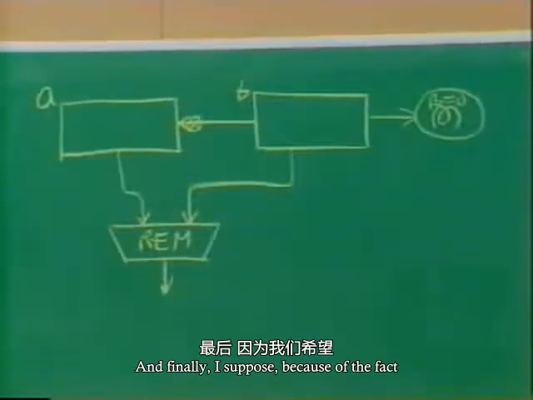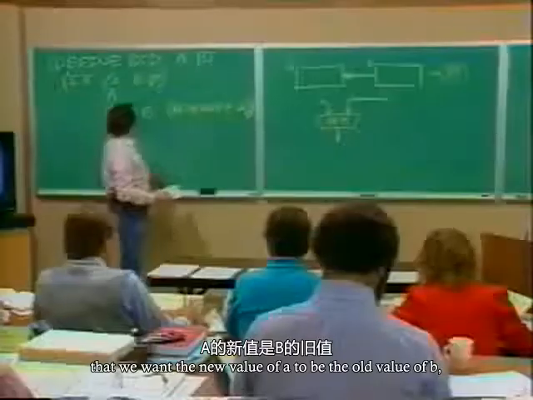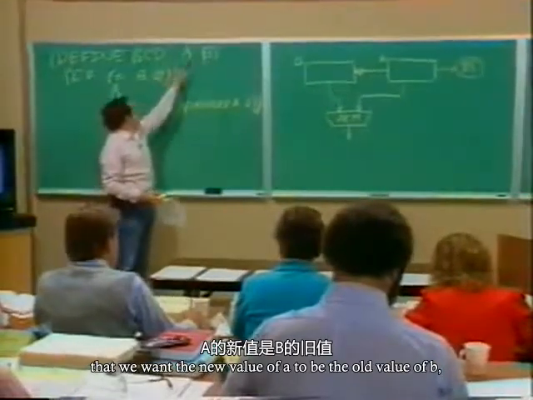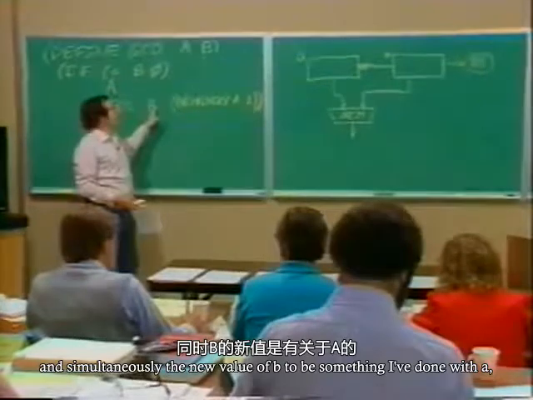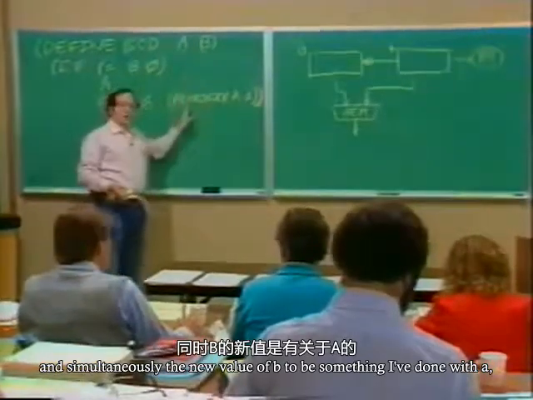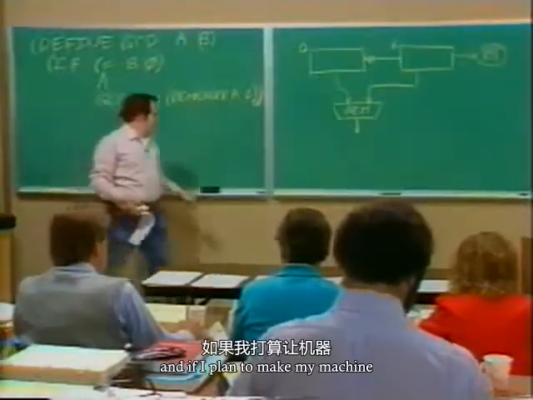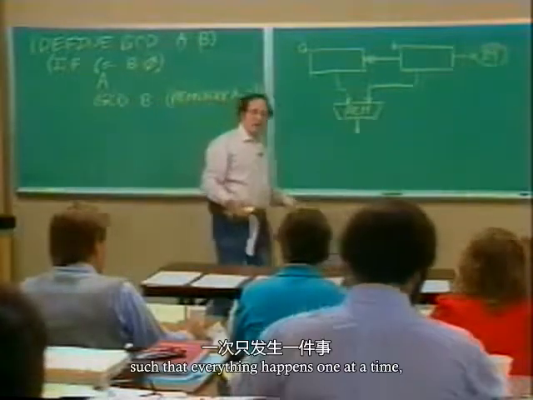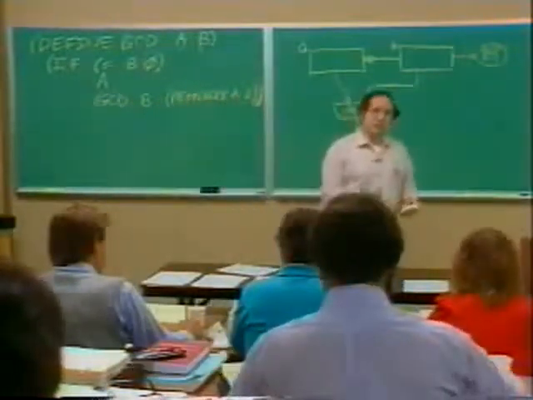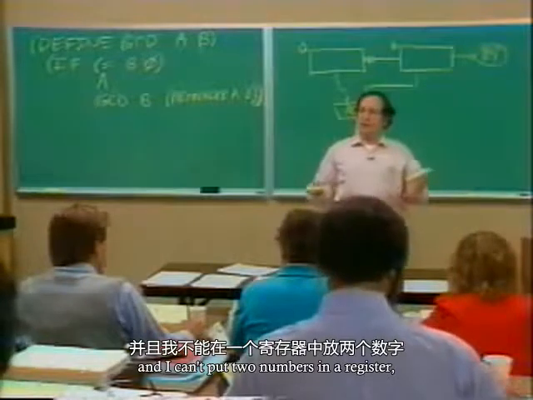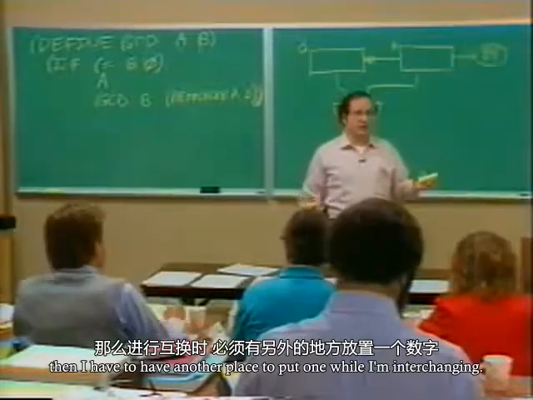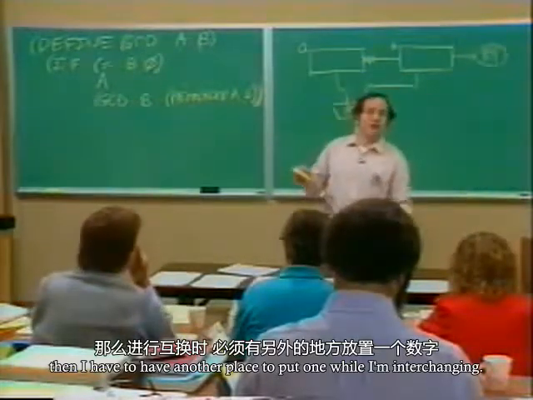And finally, because we want the new value of A to be the old value of B, and simultaneously the new value of B to be something I've done with A, and if I plan to make my machine such that everything happens one at a time, one motion at a time, and I can't put two numbers in a register, then I have to have another place to put one while I'm interchanging.